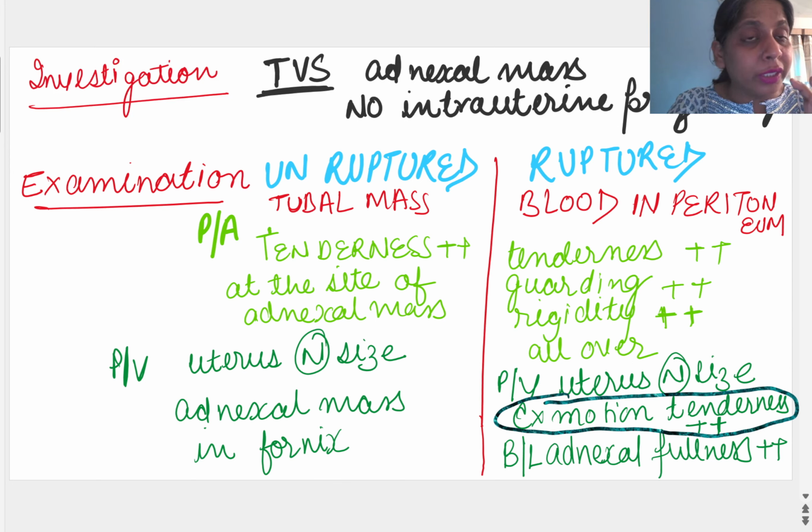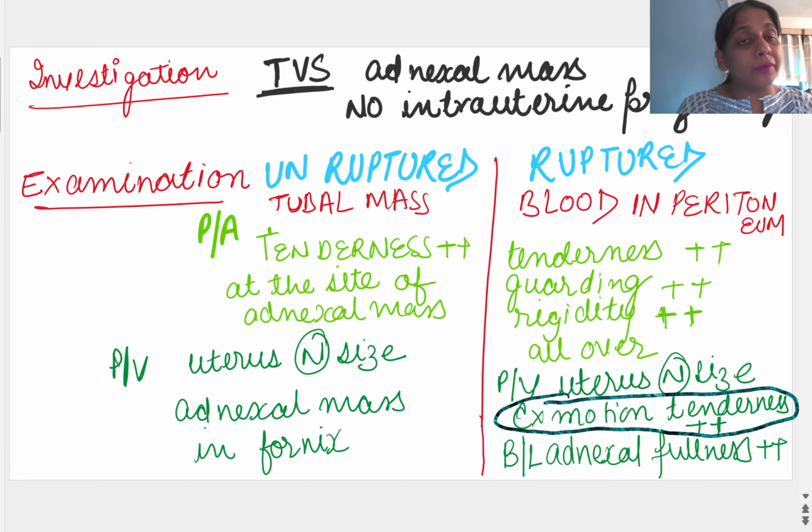When we move the cervix, the peritoneum and Pouch of Douglas also move with that, and that irritates the peritoneum more. So on moving the cervix, there will be increased pain. Okay, this is known as cervical motion tenderness, which means on moving the cervix there is pain.